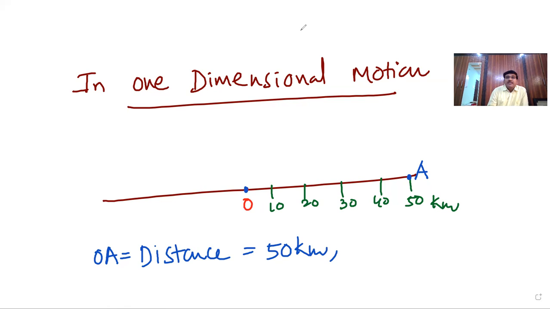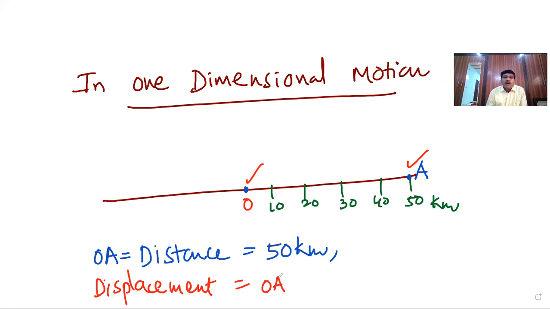What is displacement? Here I am showing the displacement. What is the displacement meaning? The shortest distance between the initial and final point. Initial point is O, final point is A. In straight line motion, the distance is always equal to the displacement. Clear? In this case, distance is equal to the displacement.